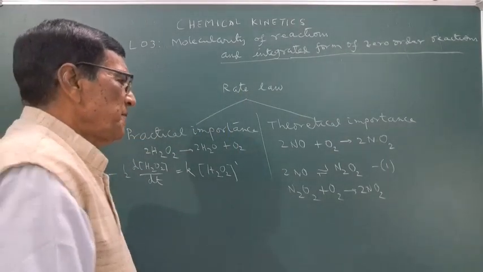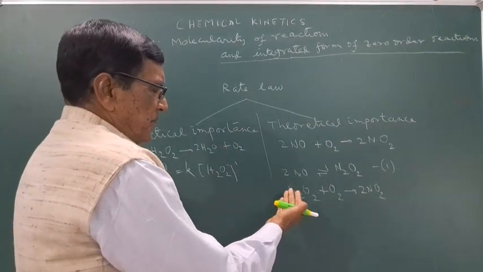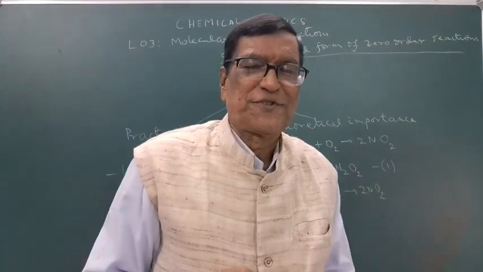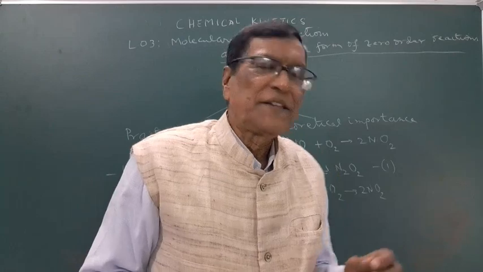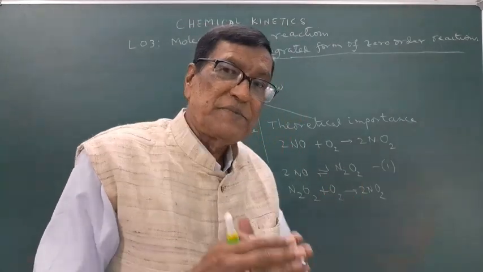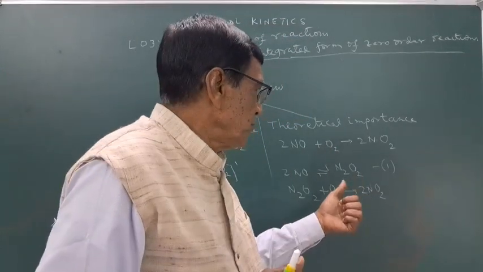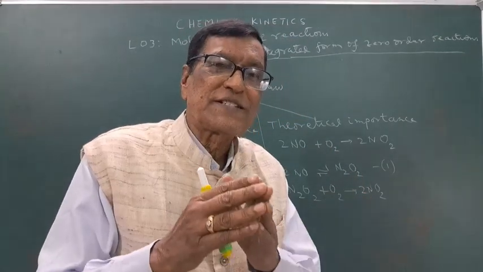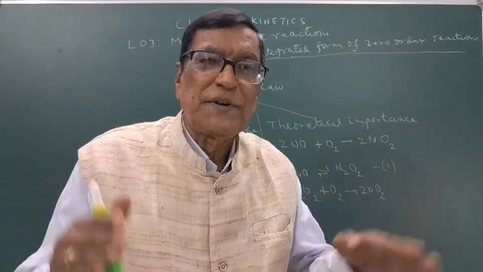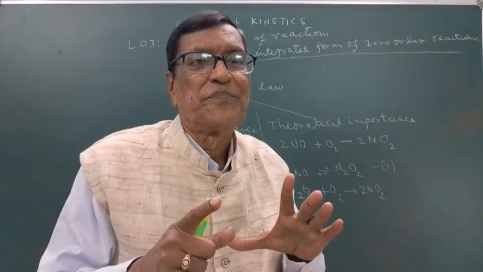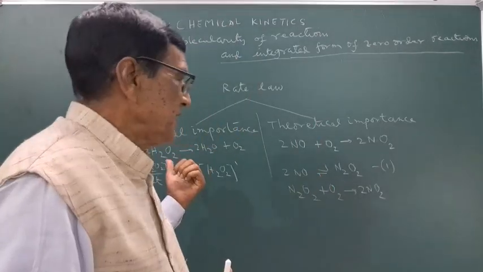So actually this reaction is having the three steps, and whether the proposed mechanism of the scientist will be accepted or not, that could be determined by this rate equation.